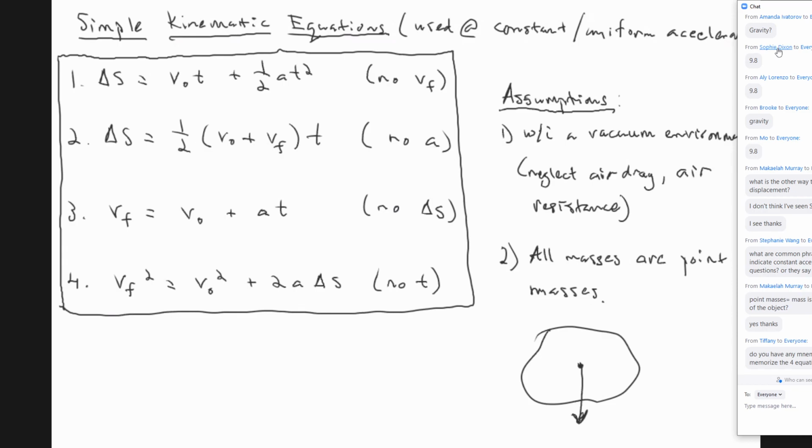Okay, so let's get you guys thinking about, sorry, Stephanie, I totally missed your question. What are common phrases that indicate constant acceleration in questions, or do they say that outright? So they'll tell you that you have uniform acceleration or constant acceleration, or they'll tell you that you're on Earth.